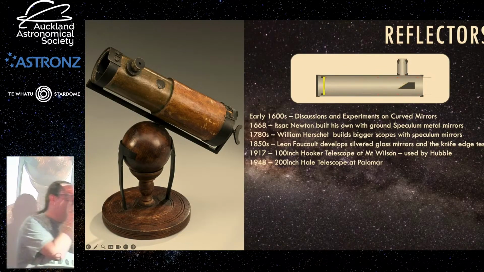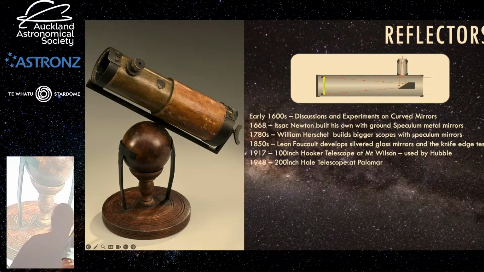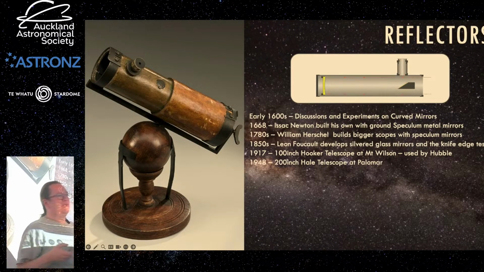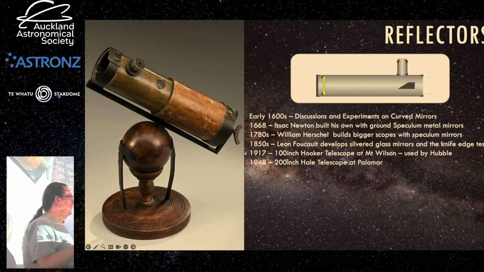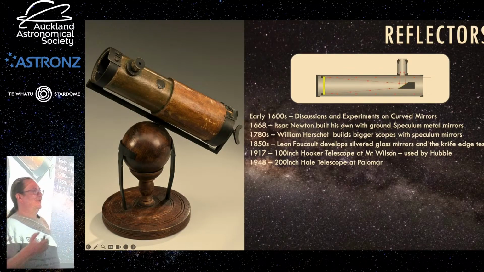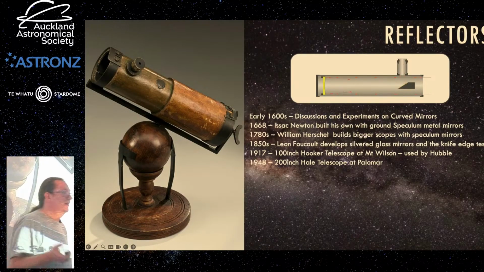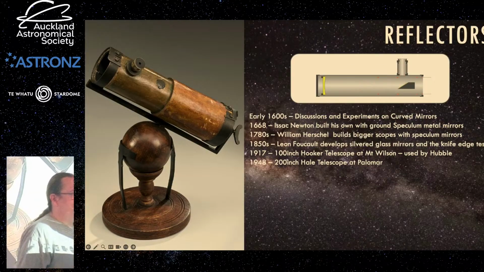Speculum metal, though, was hard to work with, it was heavy, and most importantly, it tarnished. You leave it open to the atmosphere, as you do with a reflector telescope, where there's nothing holding it in, and it needs to be cleaned and repolished, and that changes the figure. So really hard to work with.